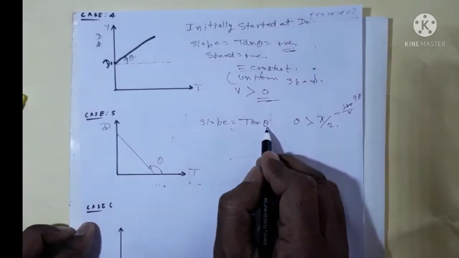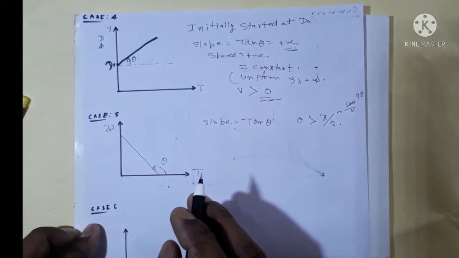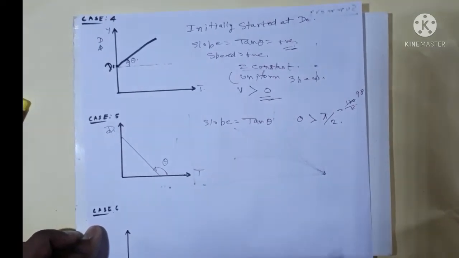अगर टेन थीटा का वैल्यू 90 to 180 के बीच में रहेगा तो उसका वैल्यू निगेटिव होता है.